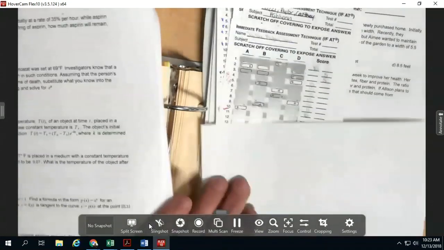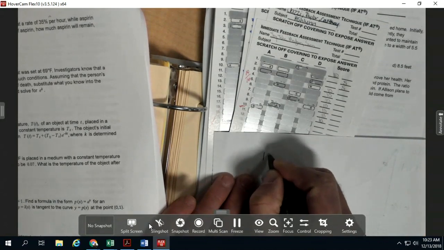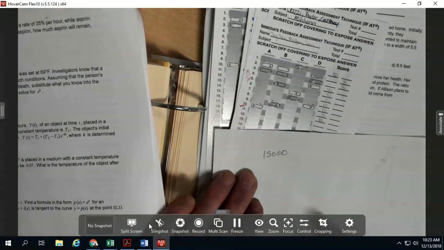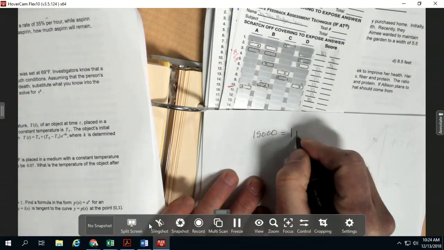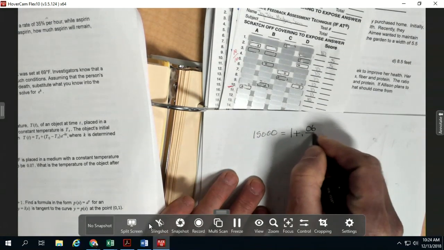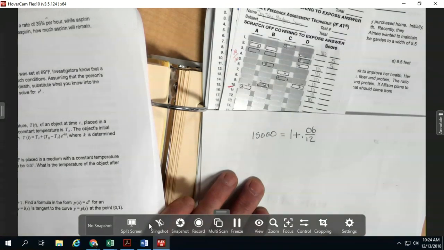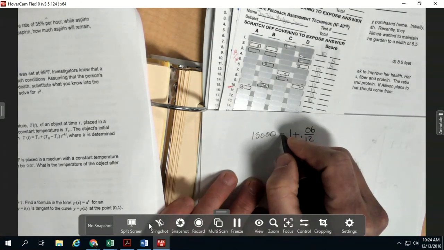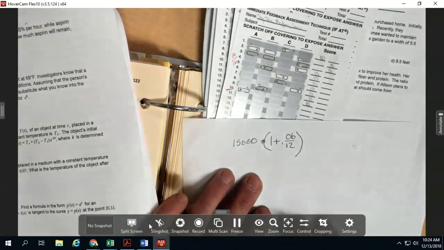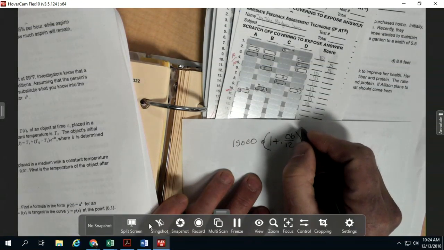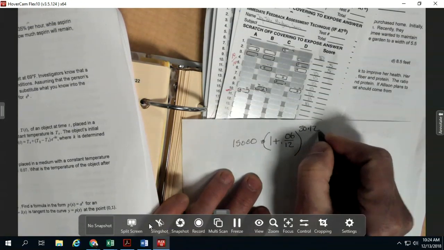And then what, 31? Yeah. For 31, it's 15,000 times 1 plus 0.06 over 12, to the 30 times 12.